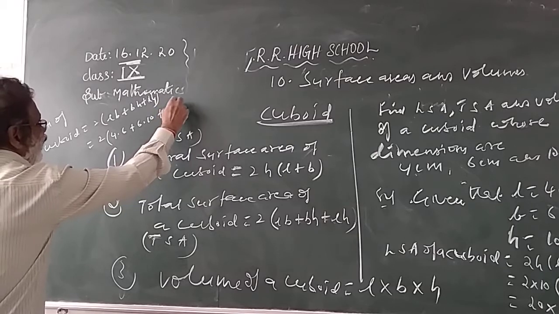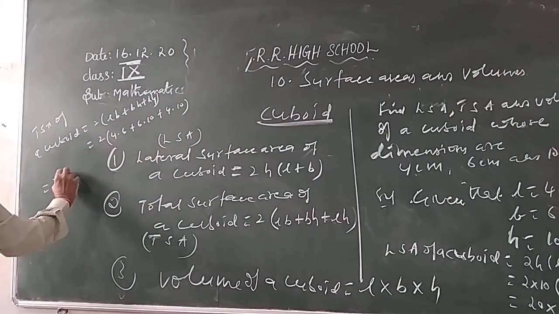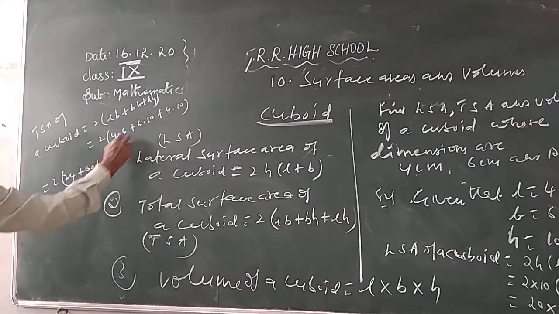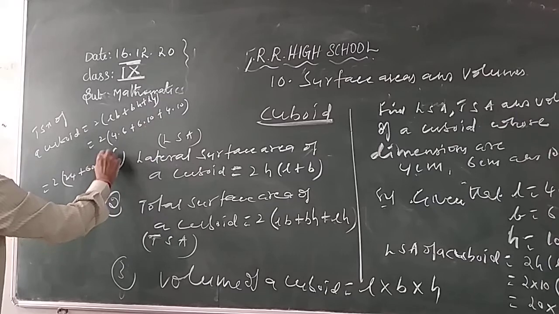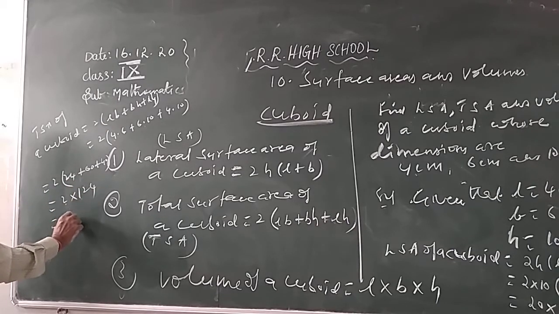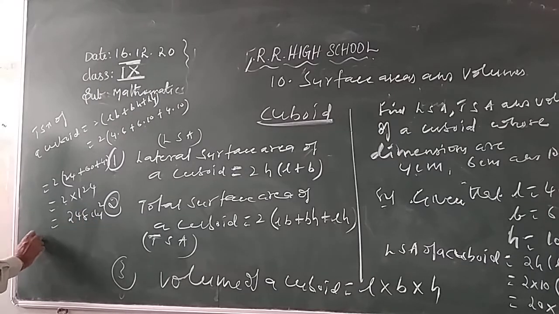So 4 into 6 is 24, 6 tens are 60, 4 tens are 40. Now 60 plus 40 is 100, 100 plus 24 is 124, and 124 into 2 is 248 square centimeters.